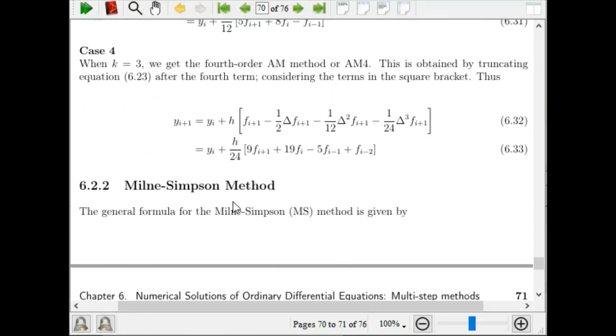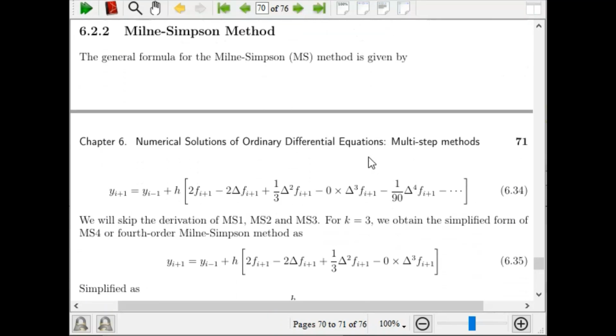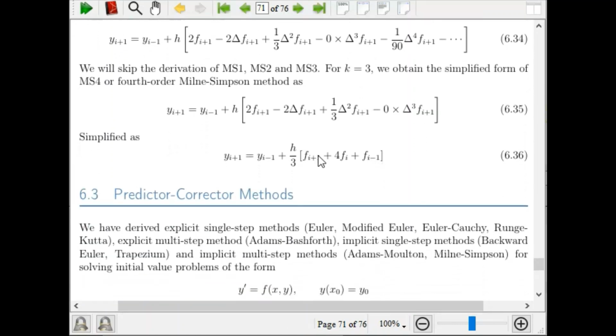When you come here, we are looking for i+1, and there's an i+1, another implicit scheme. But we don't just need i+1; we need i minus 1 and i minus 2, making it an implicit multi-step scheme. The same thing applies here.